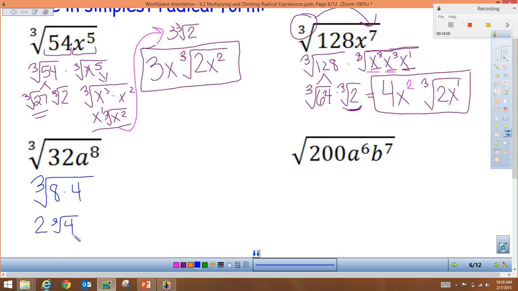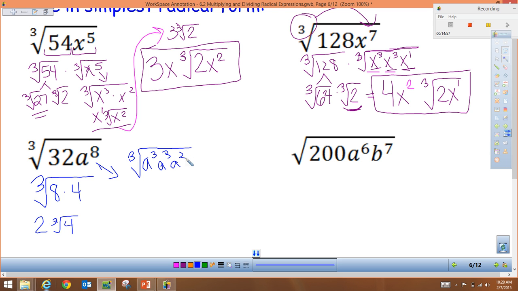Also, then we have to work on these a's. The cubed root of, how many groups of 3 can fit into 8? 1 group, 2 groups, 3 plus 3, that's 6. What's left over? 8 minus 6, that's 2.